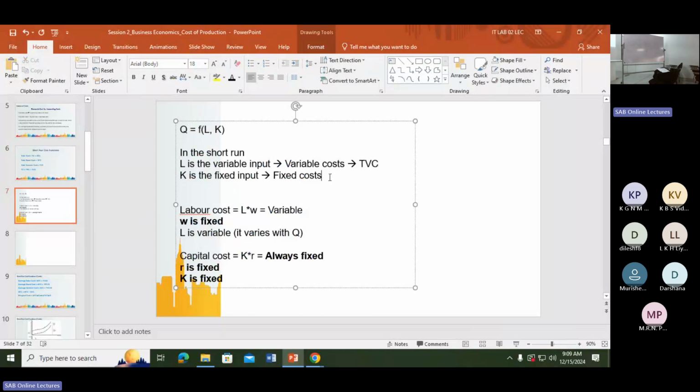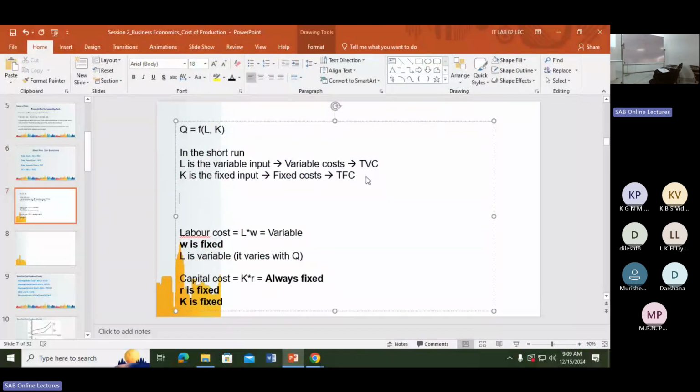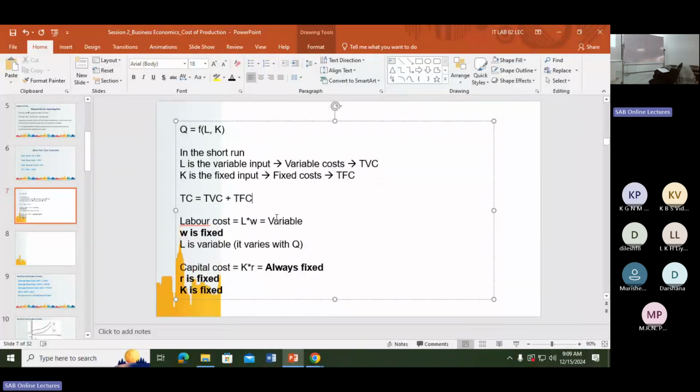For total fixed cost, we denote it as TFC. And the total cost is TVC plus TFC.